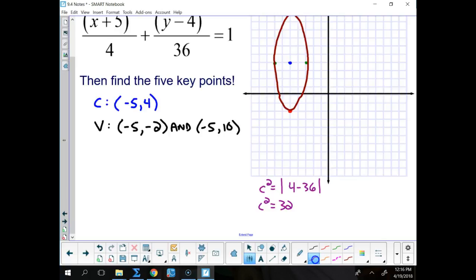Is there a perfect square in 8? So 4 times 4 is 16, so 16 would be a perfect square that goes in 32. Twice. So what's the square root of 16? 4. So the square root of 32 here, or so c, I should say, is really 4 square roots of 2. Right? Pick somebody.